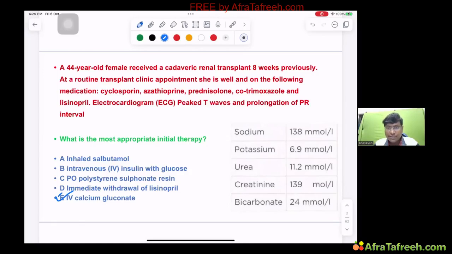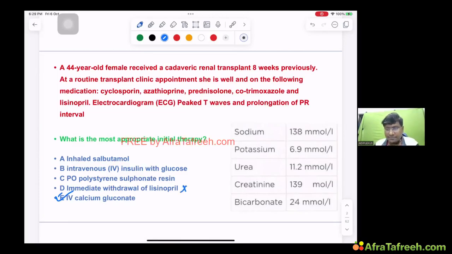Whereas calcium gluconate doesn't reduce the potassium, but it will sensitize the myocardial membrane to prevent the development of arrhythmias, right? That is the first thing. And the patient is on lisinopril, yes, but that will be the next step.